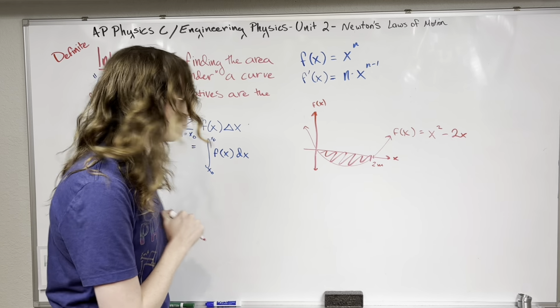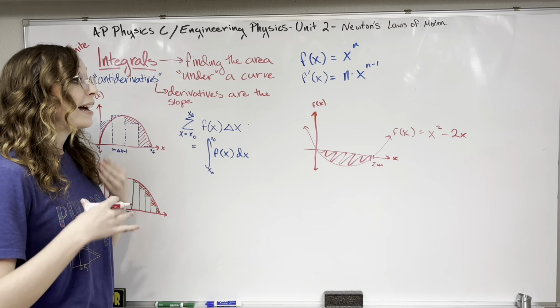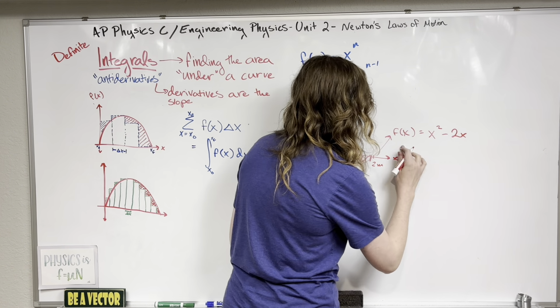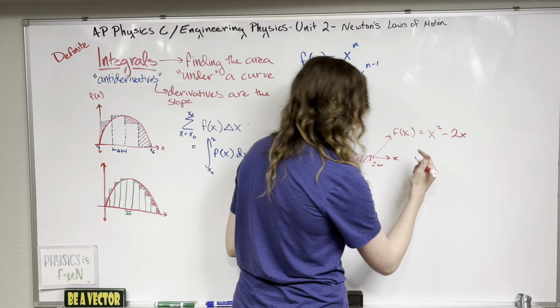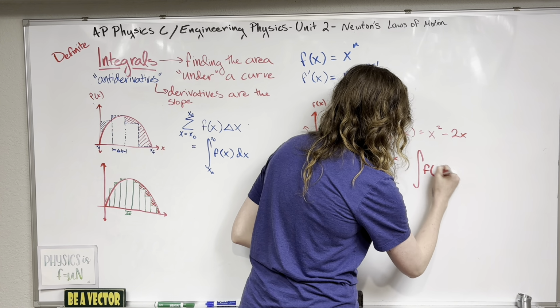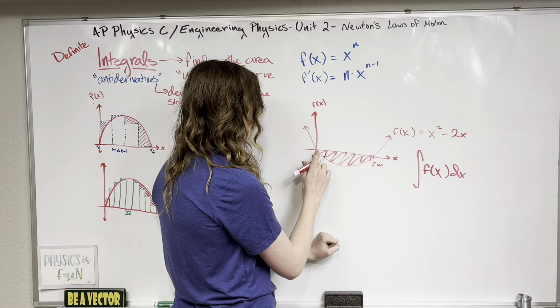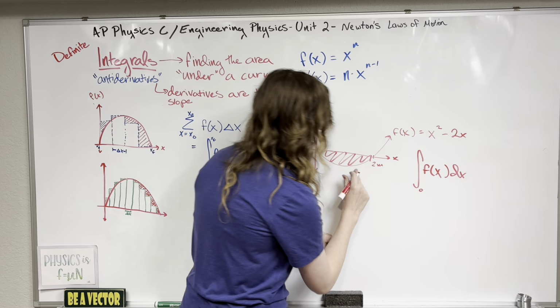Just a quick little note for you guys there. So let's try to figure out what that area would be. Well, if I want to do that, I just have to take the integral of f of x with respect to x, starting from my starting point here, which is 0, and going to 2.